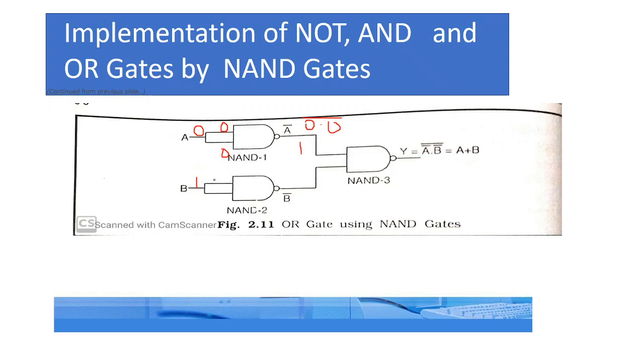Here we apply 1 twice to this NAND gate, so the output is (1 dot 1) and its complement, and its output is the complement of 1, which means 0.